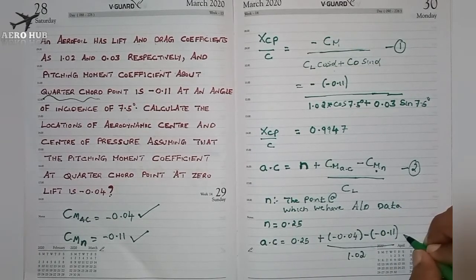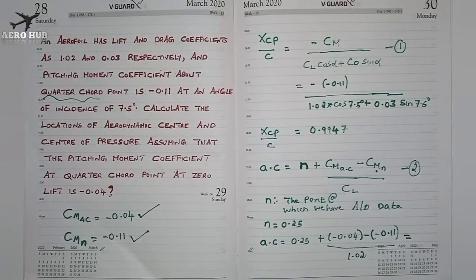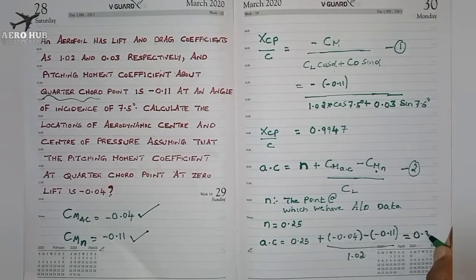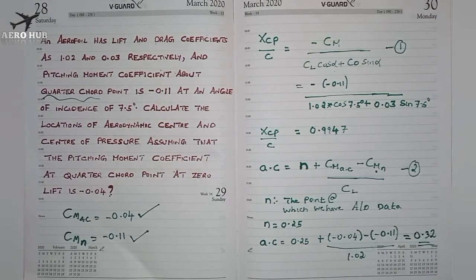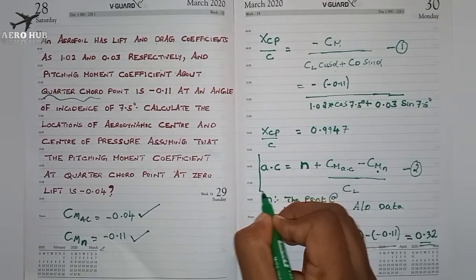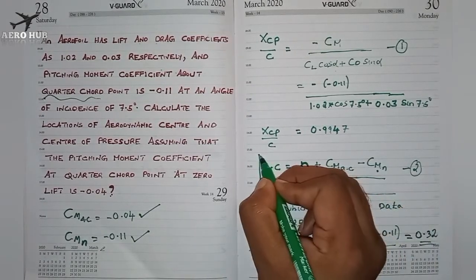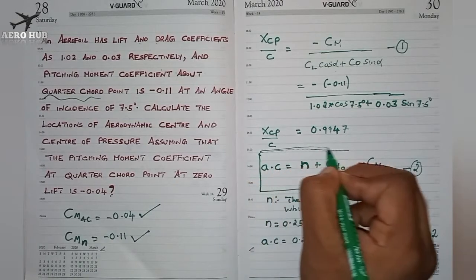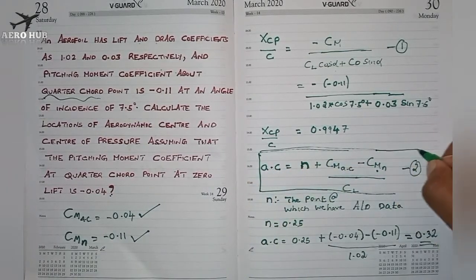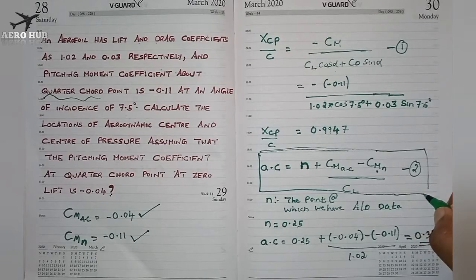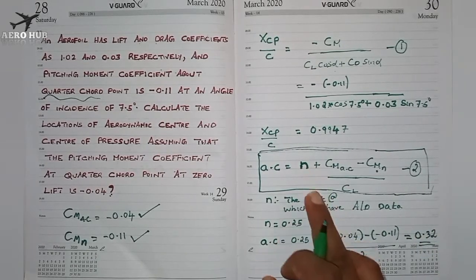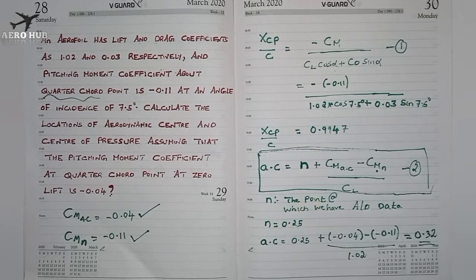Okay, so I will be getting an answer, and the answer is 0.32. This is the really easy way to find out the value of aerodynamic center, and this will be an important question for the GATE examination. Okay, please note this formula, and N is nothing but the point at which we have the aerodynamic data. Okay, so we'll be solving more problems on flight mechanics in the next lecture. Thank you for listening. Take care.